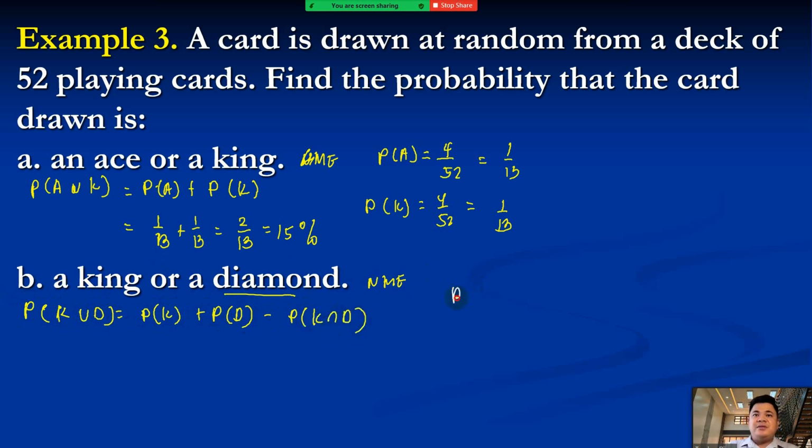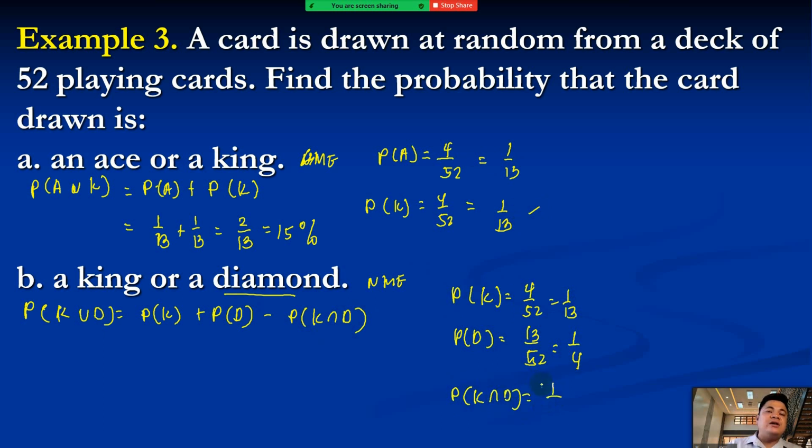Alright, let's solve for the individual probabilities. Probability of getting a king, we have 4 over 52 or simply 1 over 13, same as this. Then probability of getting a diamond is equal to 13 over 52, and the lowest term of 13 over 52 is 1/4. The probability of the intersection of king and diamond will be 1 over 52, because we only have one king of diamonds.